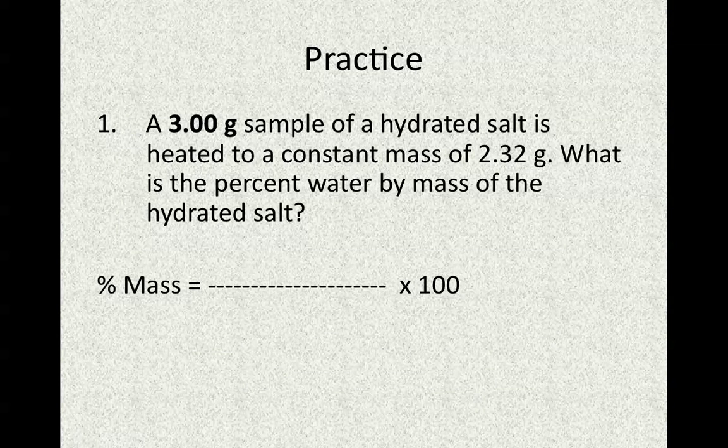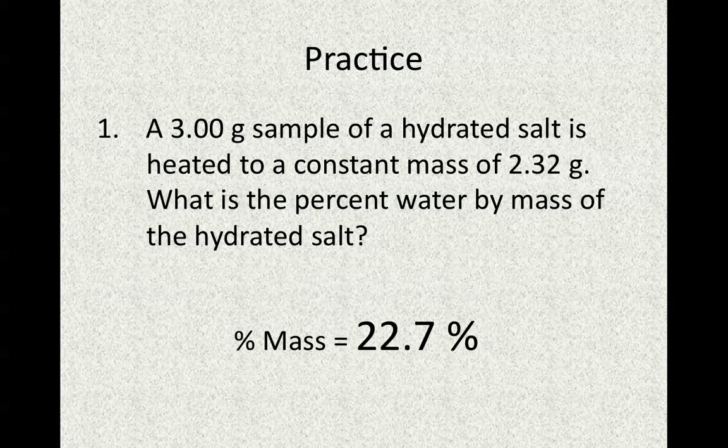Plugging this in, we have our mass of the water divided by the total mass of the hydrate, which means we're plugging in our 0.68 grams of just the water, dividing by the mass of my original hydrate, which includes that water, which is 3 grams. When I go ahead and do that, I find that in this sample, 22.7% was water by mass.